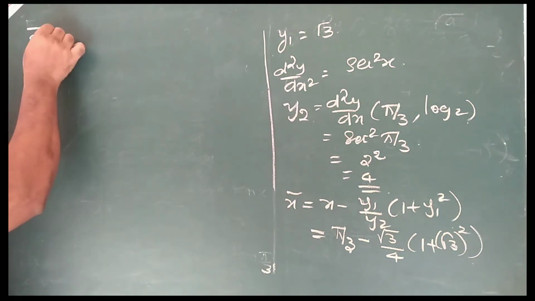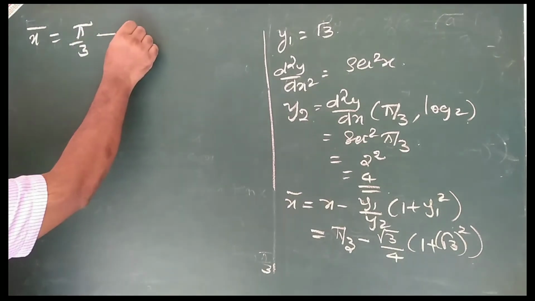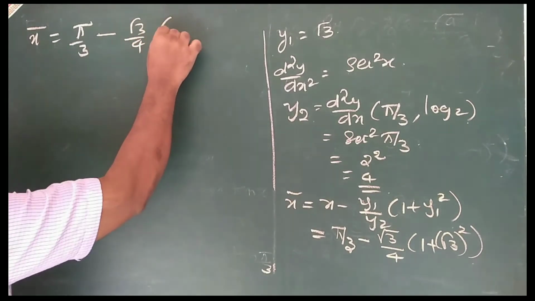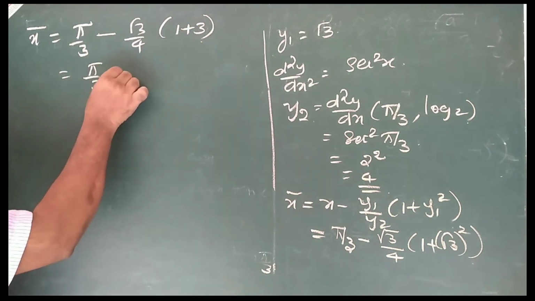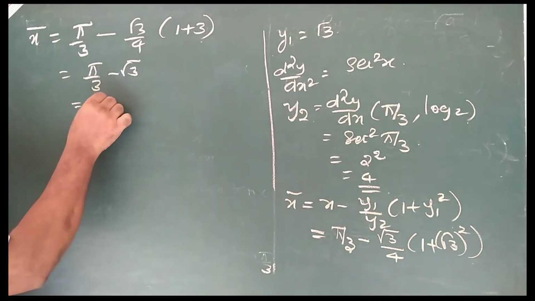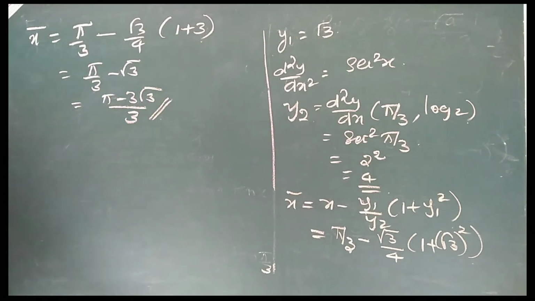That is pi by 3 minus root 3 by 4 into (1 plus 3). So that is pi by 3 minus root 3, that is (pi minus 3 root 3) divided by 3.